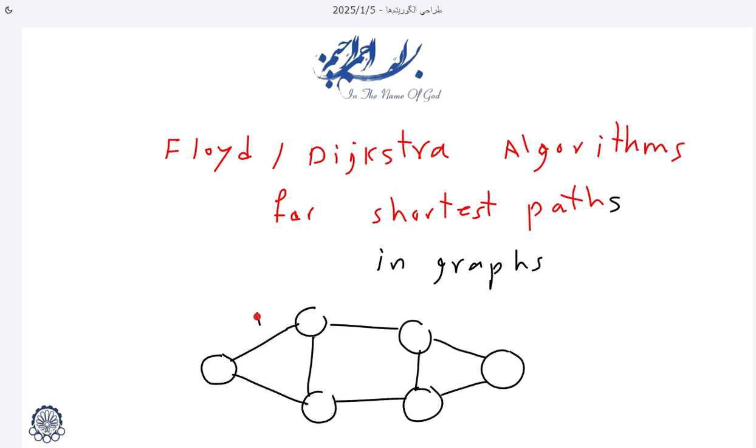For example, suppose the edges have these weights, and then we are going to compute the shortest path between vertices.